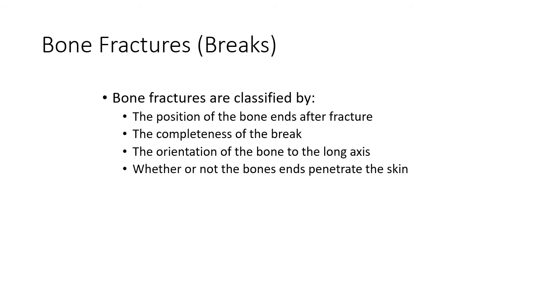And so the ones that we're going to look at are going to be the basic fractures of primarily long bones. And so we have the position of the bones at the end kind of gives them their name, whether it's a complete fracture or an incomplete fracture. How the bones are lined up in the end, are they in normal anatomical position or not? And has it punctured through the skin?